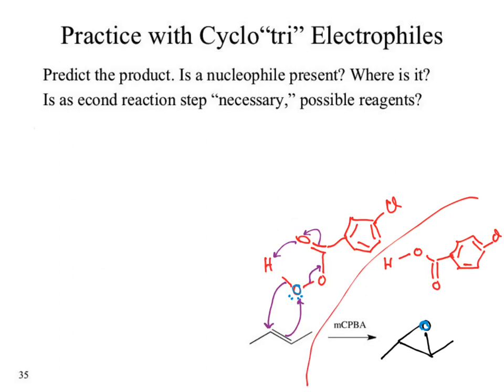Okay, and we would get those 2 pieces. Let's take a look at that product real quickly. Do we have a stereo center? Yes, we do. So we would need to go through and specify it. Okay, what would the relationship be between the 2 products formed?